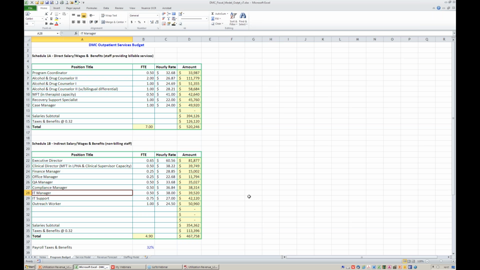Now, where we part companies somewhat with the SAPSI template is here with the UFT. In this case, they are not having client contact. The clinical supervisor, as the LPHA, is signing off on medical necessity and treatment plans, which they can do.